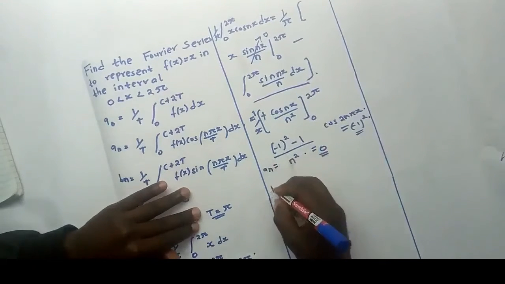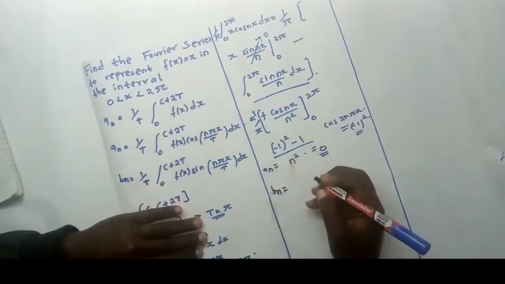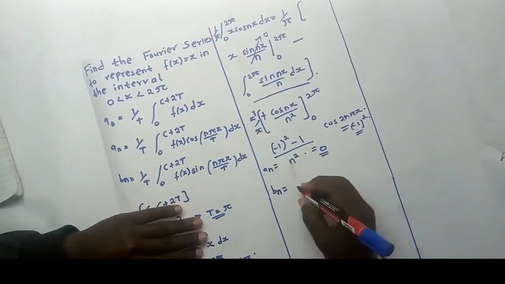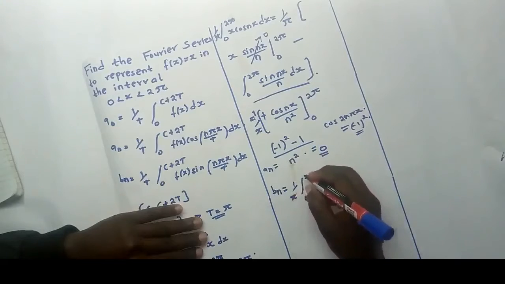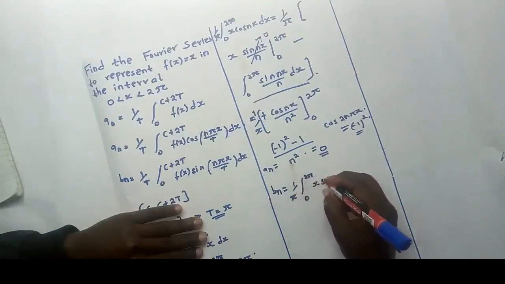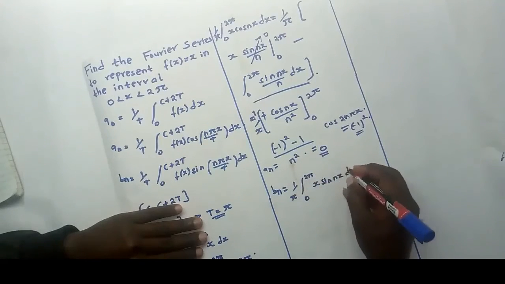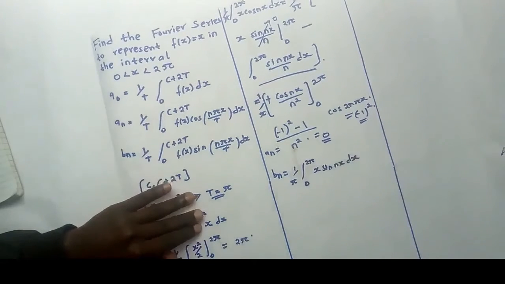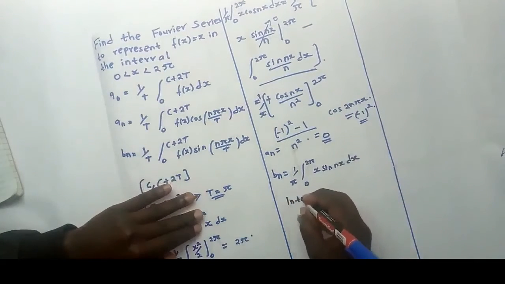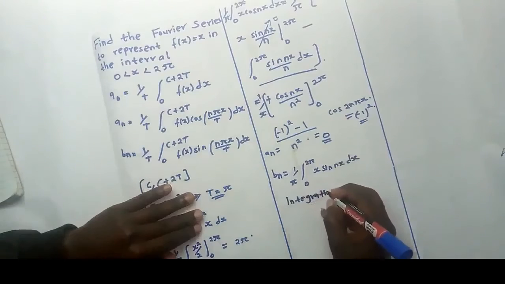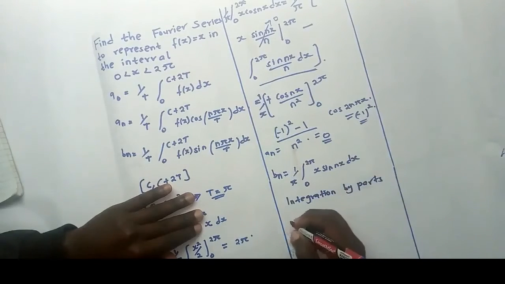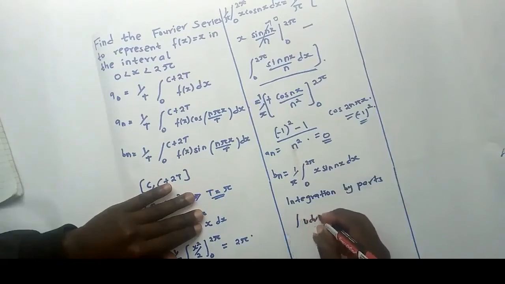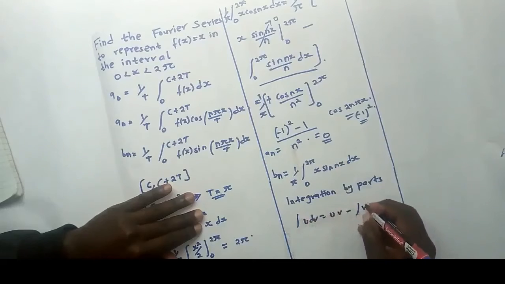So the next thing is to find our bn, and bn is 1 over pi integral from 0 to 2 pi of x sin nx dx, and we also have to use integration by parts here. Integral of u dv is equal to uv minus integral of v du.